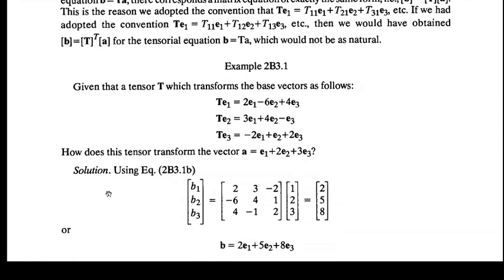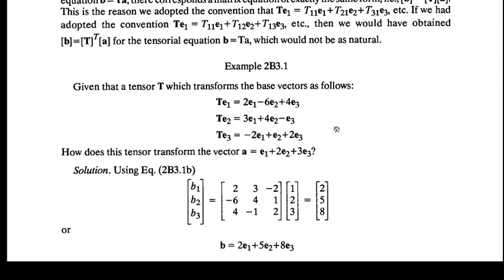Now, we have two examples to find the components of a transformed vector. If your tensor T is transforming the base vectors as Te1 like this, Te2 and Te3, then what would be the components of the transformed vector?